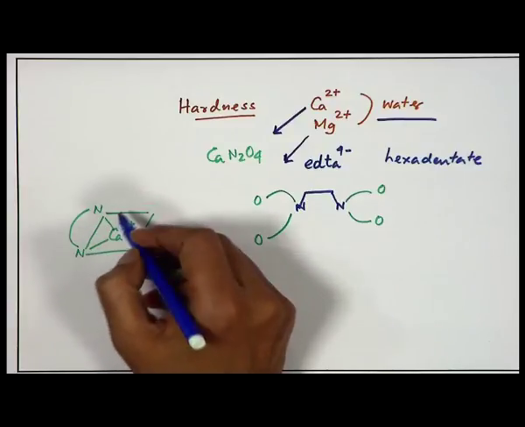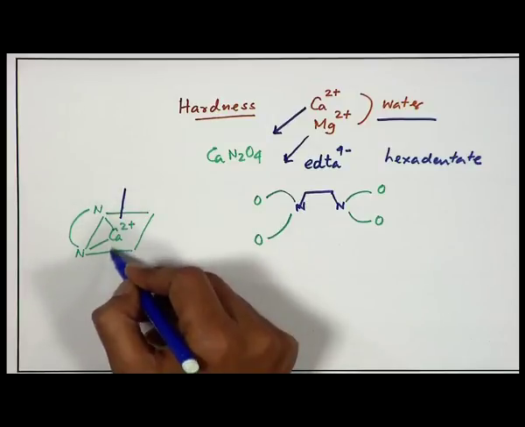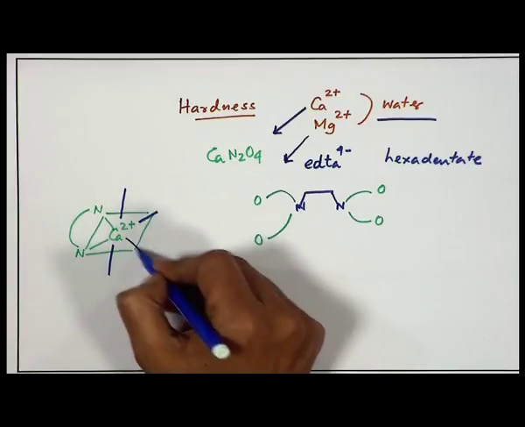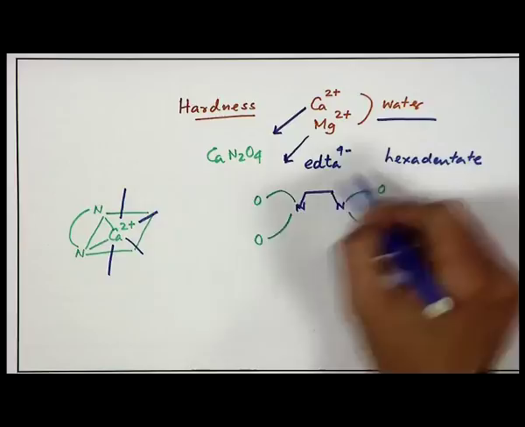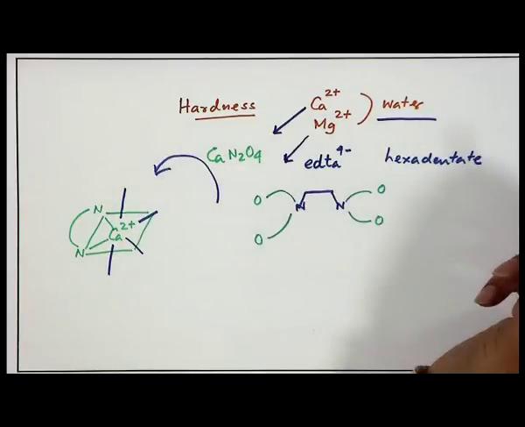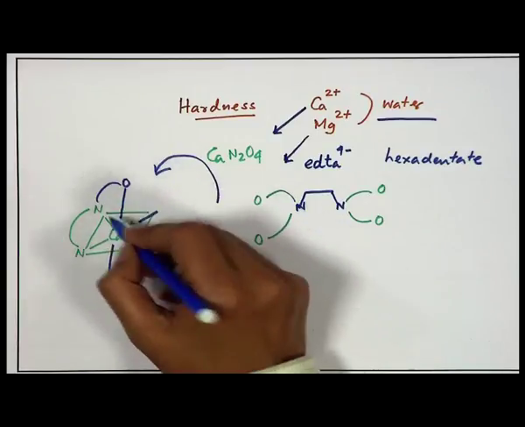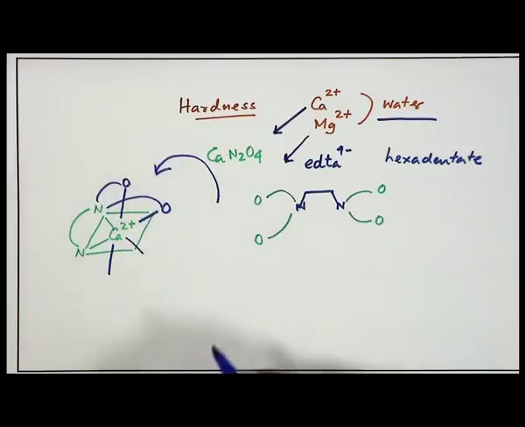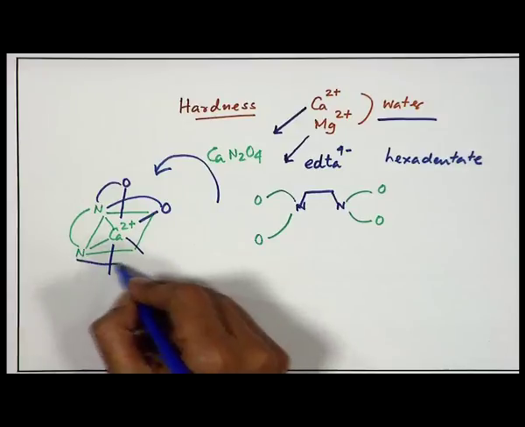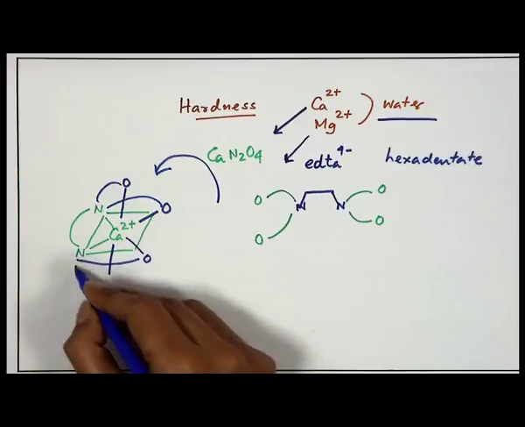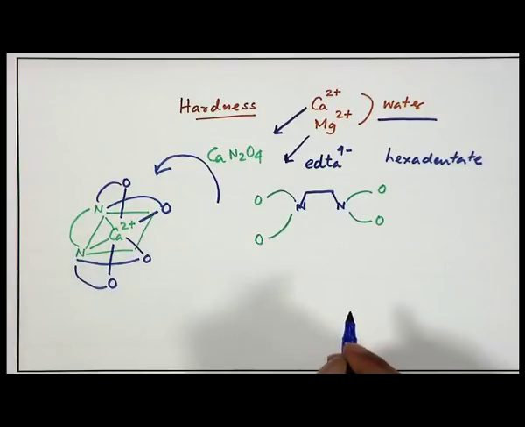So, these 2 are occupied. Then we have 4 other points available, so we have to fit this molecule over here. What we get: this nitrogen extended with this oxygen and this other one with this oxygen. Similarly, this nitrogen will come for this oxygen and this nitrogen will come for this oxygen.